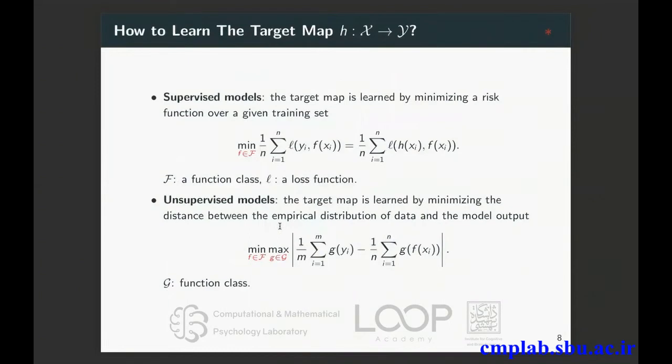So the main question and the main topic of this talk is how can we choose these function classes? Typically when we want to solve these optimization problems, we apply gradient descent or stochastic gradient descent to vector spaces. And now I'm talking about optimizing functions from function spaces.